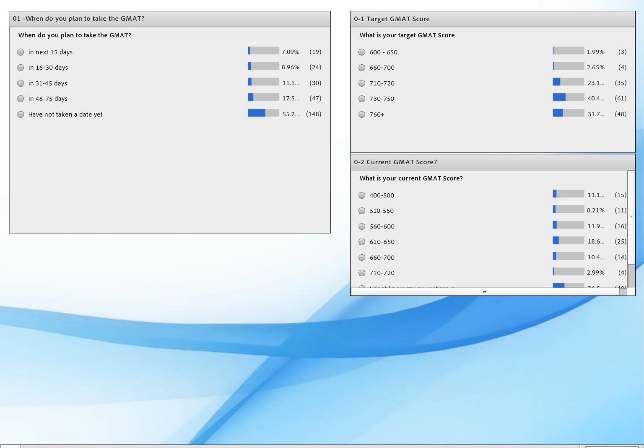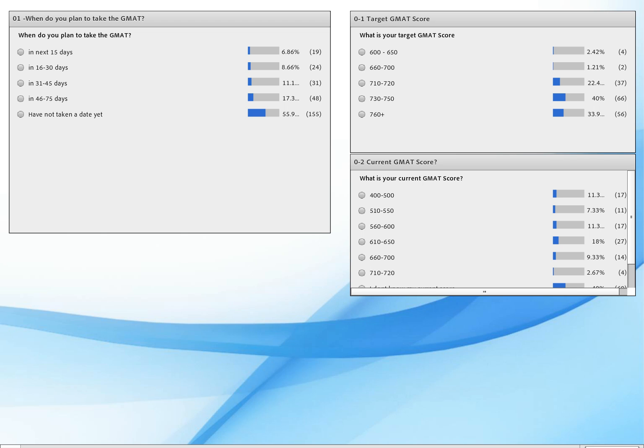And with regards to the target GMAT score, a good chunk of you are aiming for that 760 or higher. That's good to know, especially given the kind of competition you'd be facing when you apply in fall of 2020 for the 2021 cycle. But essentially, 97% of you, give or take, are in that 710 to 760 bracket.